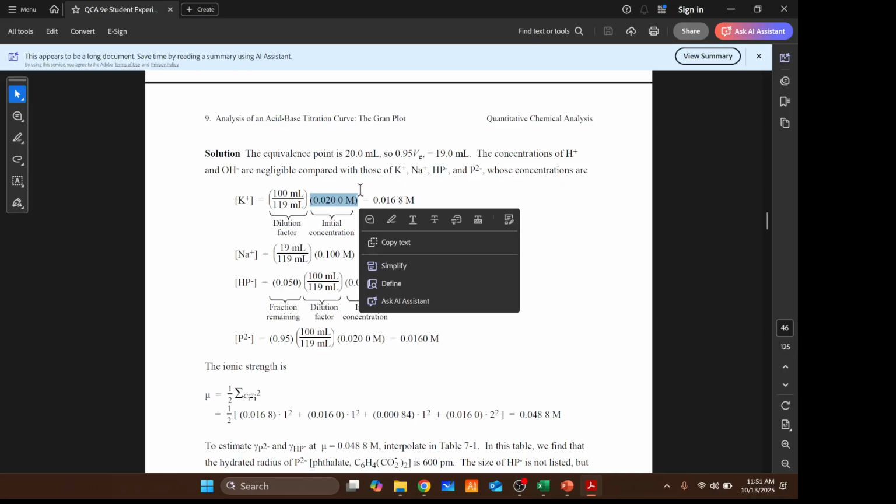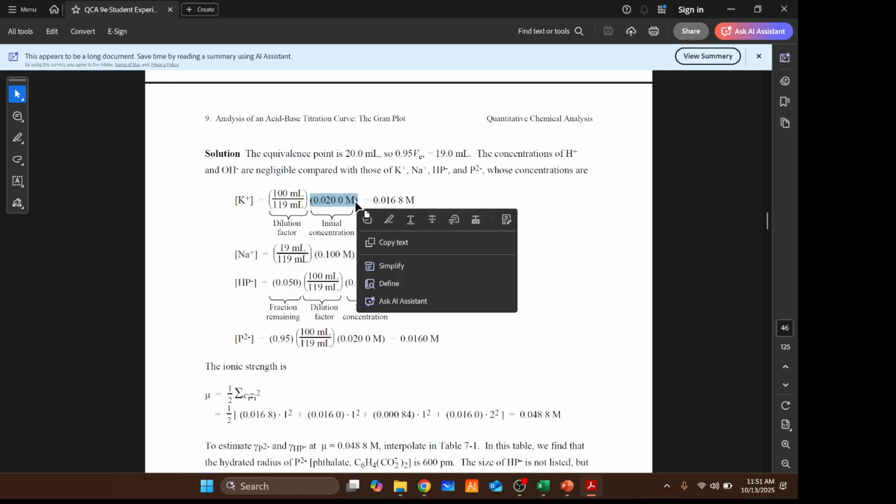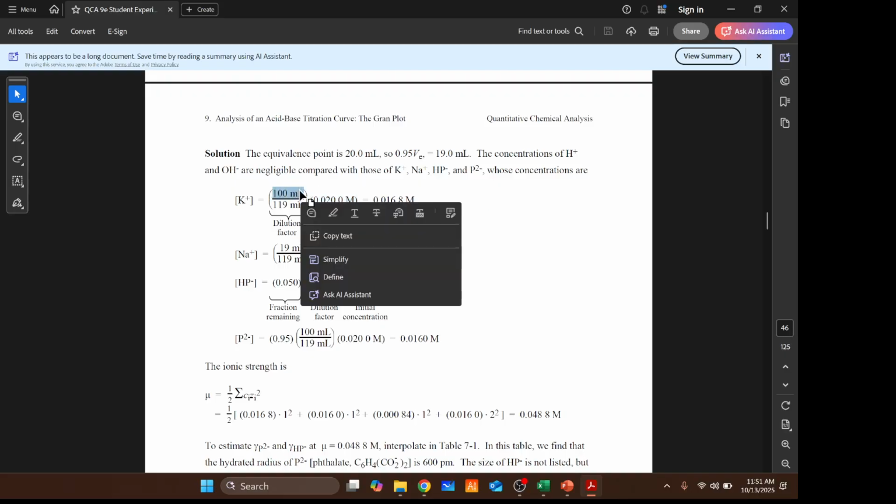So you started with that initial concentration in your flask, right? Is everybody okay with that so far? Okay. And then you delivered in 100 milliliters, right? Everybody okay with that part? Remember you put 100 milliliters in there? Okay.